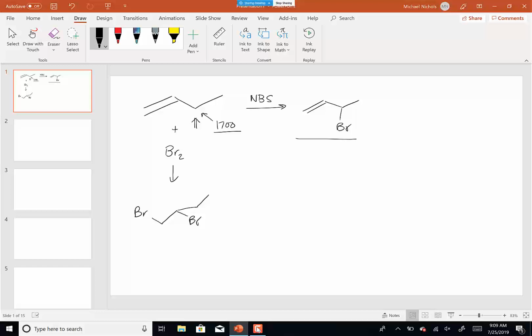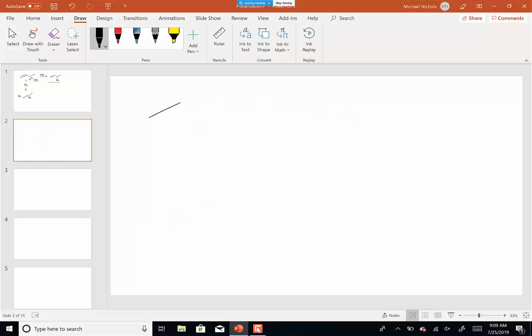So I'm going to take that molecule and I'm going to treat it with water. So when I treat this with water, I automatically know this mechanism is going to go in an SN1 mechanism because water is the weak nucleophile, and the weak nucleophile can only undergo SN1.